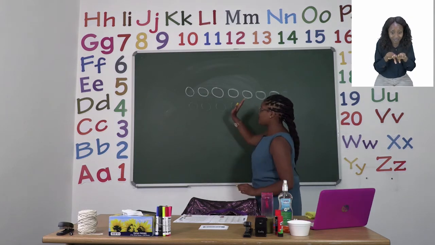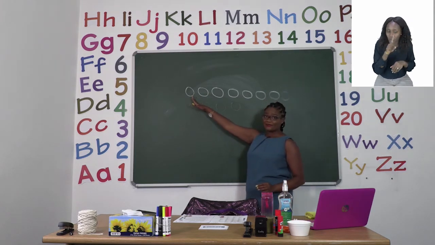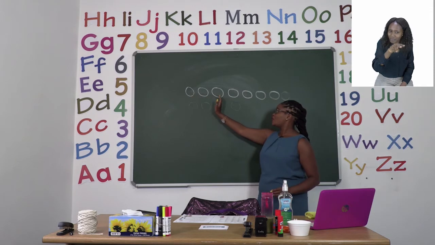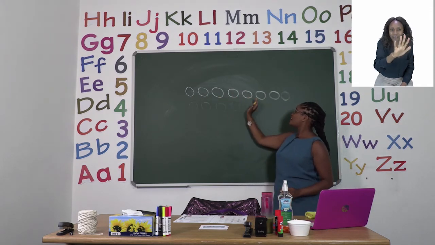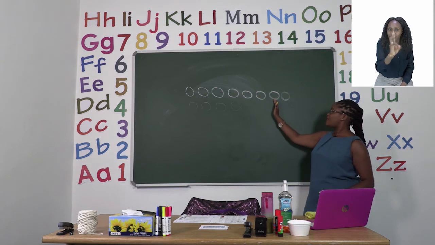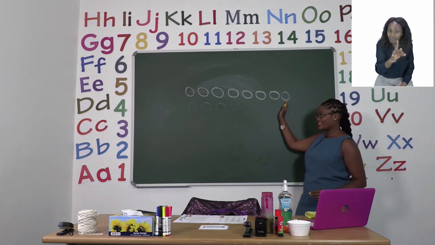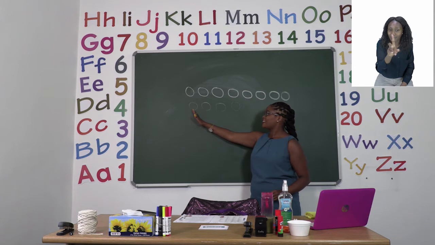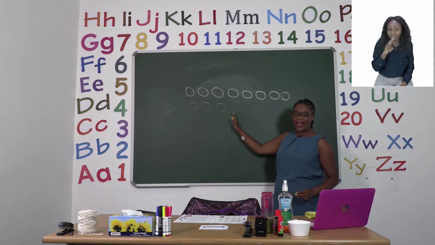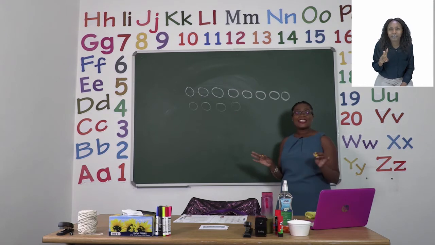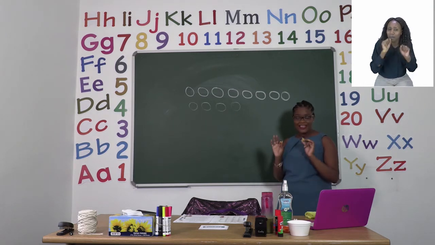We are counting together. 1, 2, 3, 4, 5, 6, 7, 8, 9, 10, 11, 12. So she needs 12 eggs.